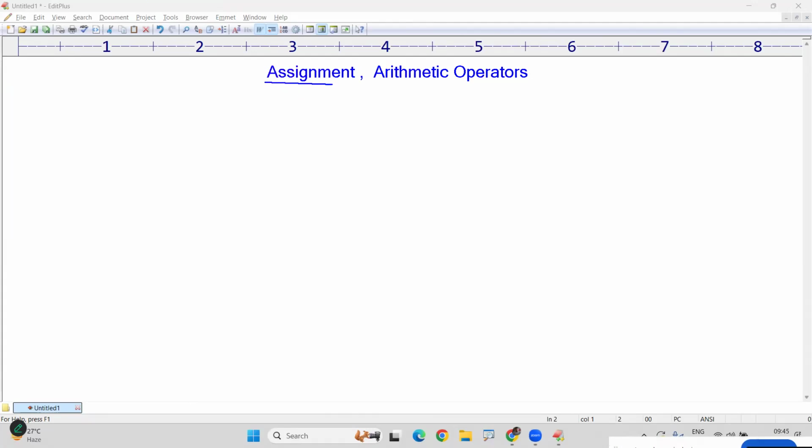First one, assignment operator means what? Equal to. Equal to is called the assignment operator. Using that assignment operator, we can assign a value into a variable. Just the result we are storing into the variable. Simple one.